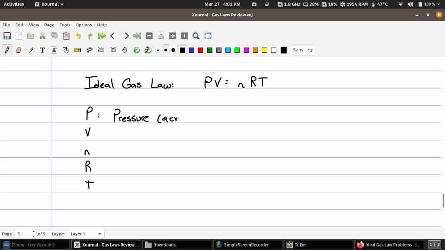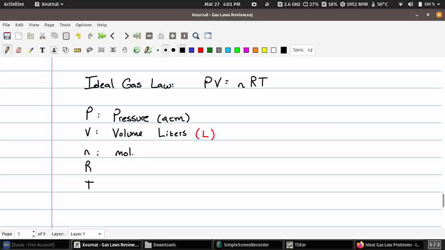That is in atmospheres. Has to be. That's how it's always calculated. Volume. That is in liters, and the abbreviation is just a capital L, but that has to be in liters.